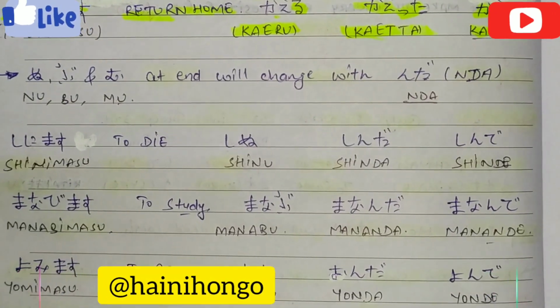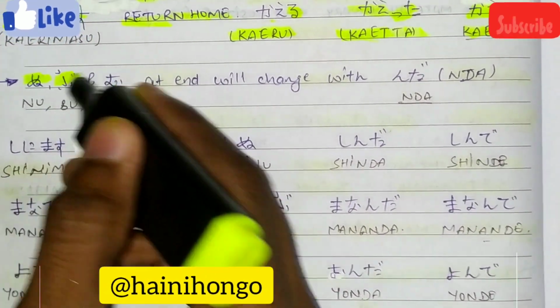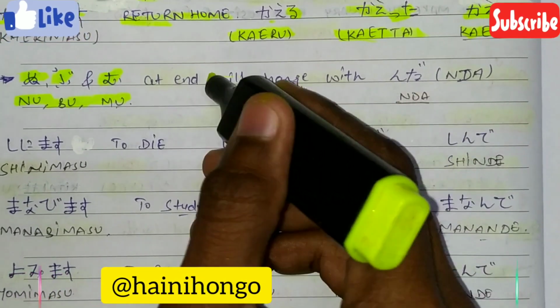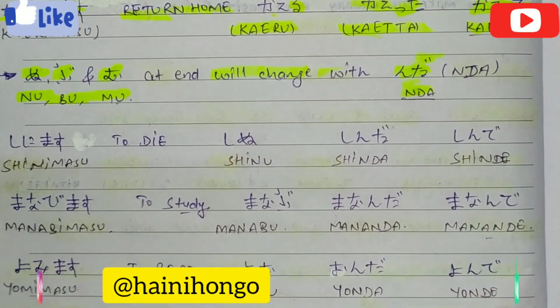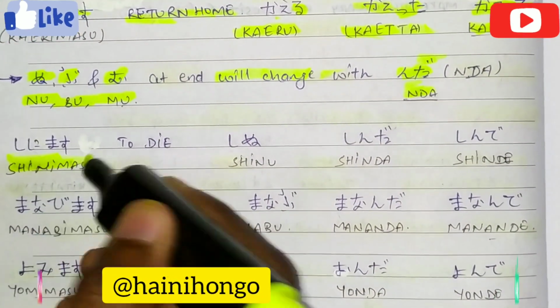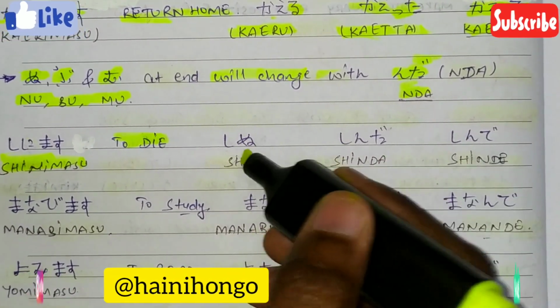Verbs whose dictionary form has nu, bu and mu at the end, written in Romaji as well, will change with nda. Like shinimasu. Shinimasu means to die. The dictionary form of shinimasu is shinu.